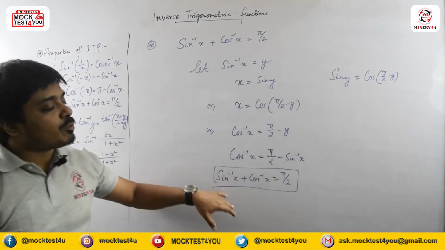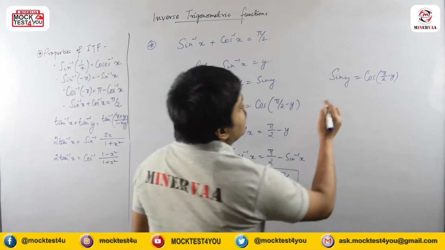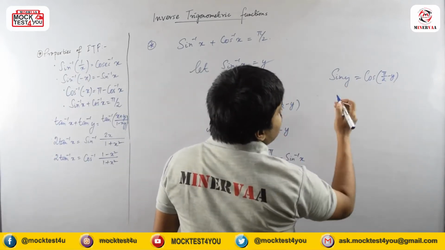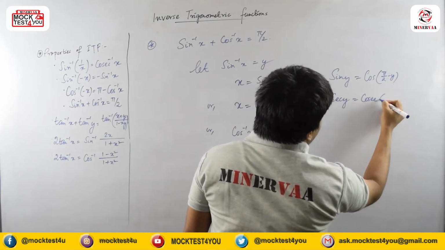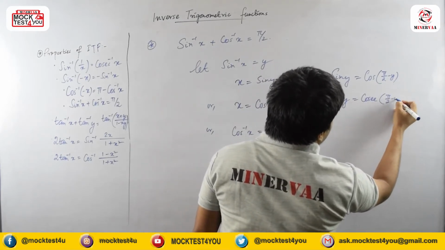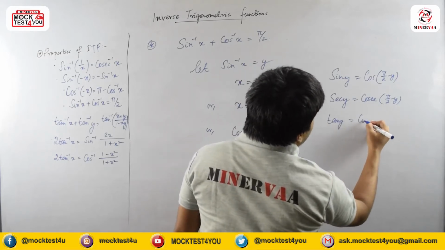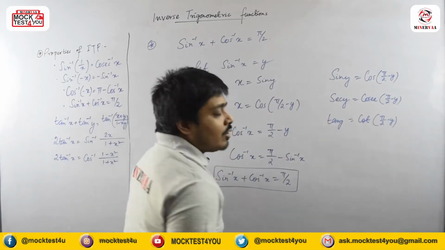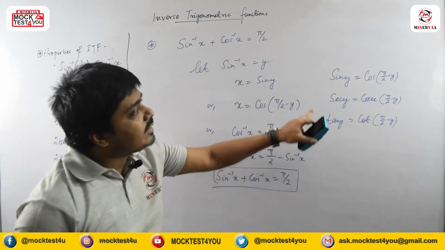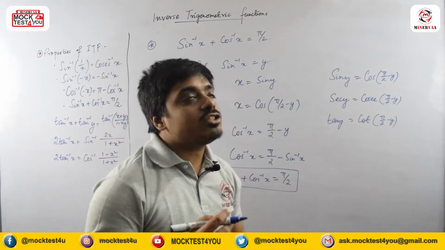Now using this property, we will find different trigonometric pairings. Look at here. Sine y was cos of 90 minus y. Sec y was what? Cosec of 90 minus y. In the same way, tan y was what? Cot of 90 minus y. So the same thing, since sine and cos form a pairing, sec and cosec will also form a pairing.